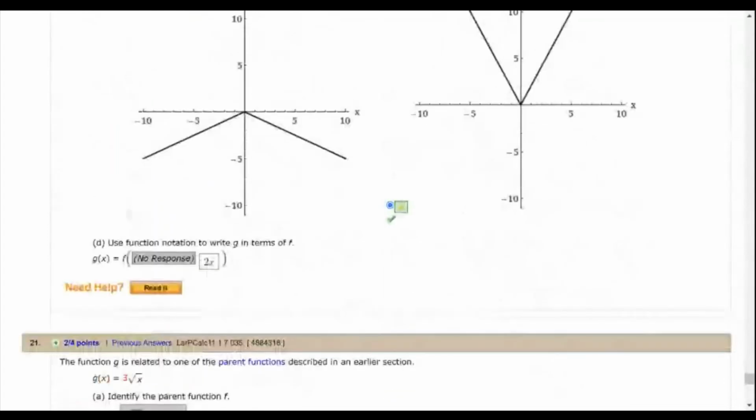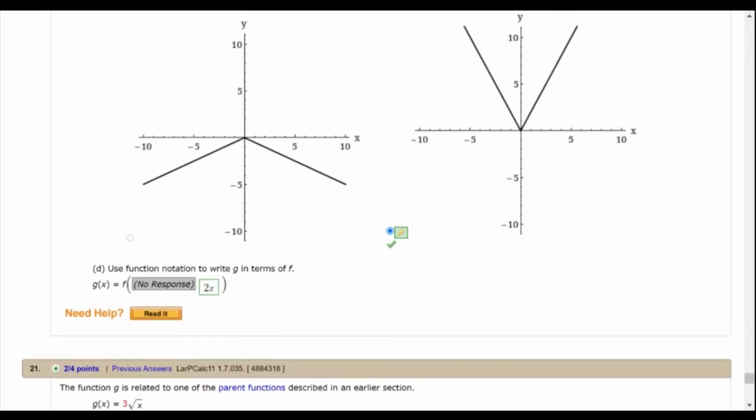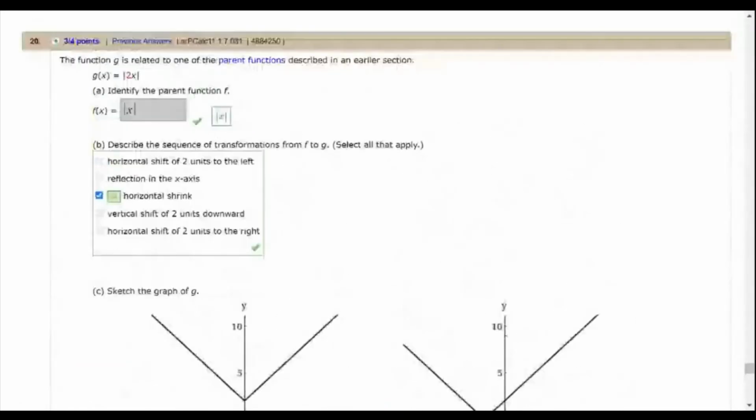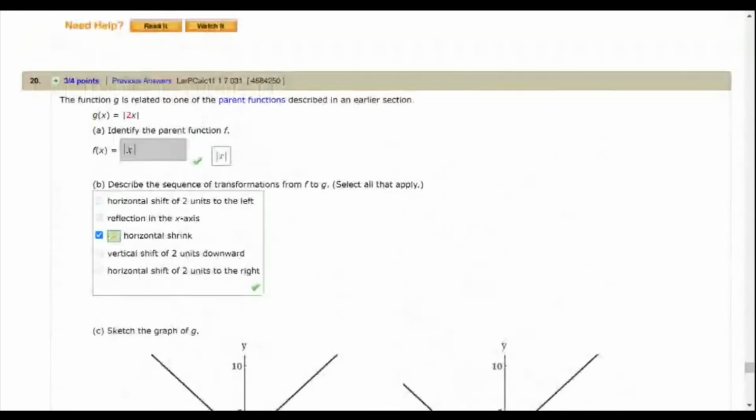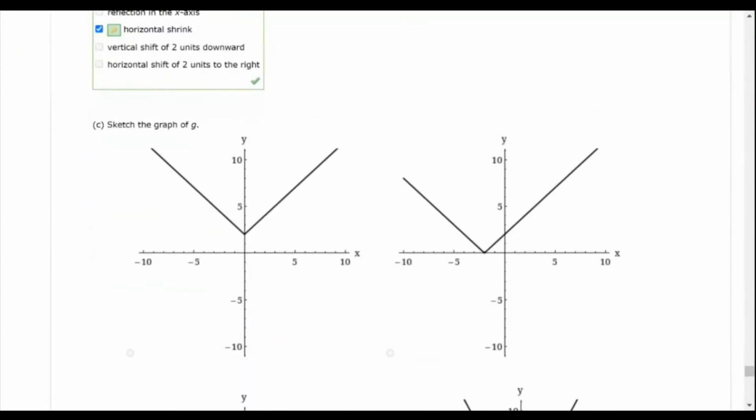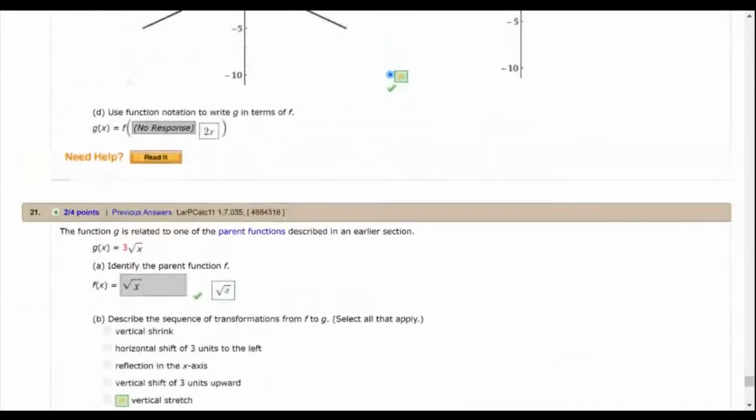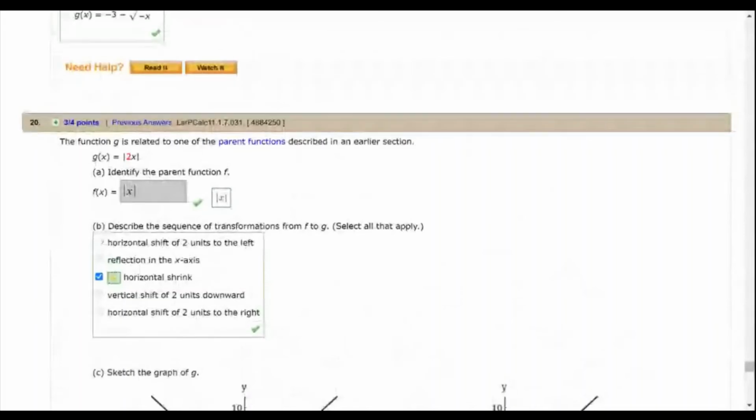G of x equals f of what? All right. And we're going to talk a little bit about composite functions next week. It's asking what would you plug in to the f function to make it look just like the g.